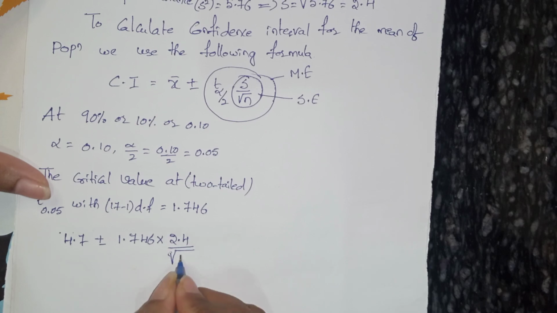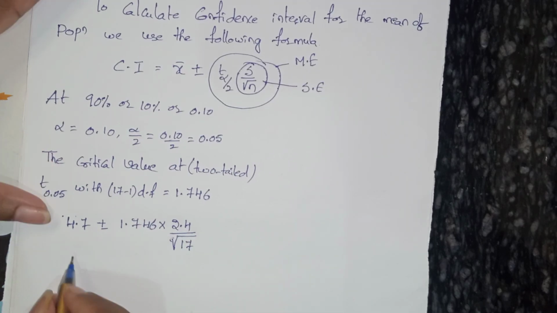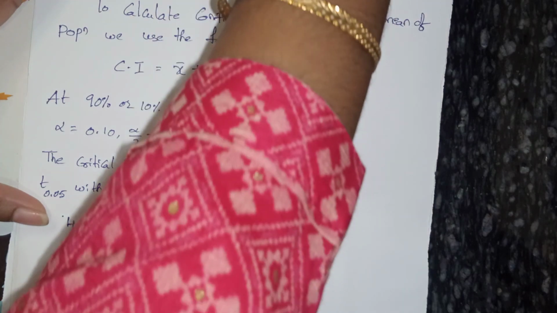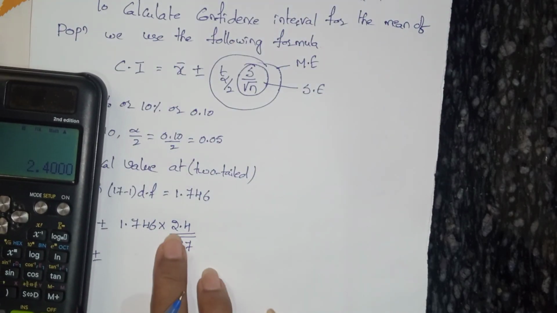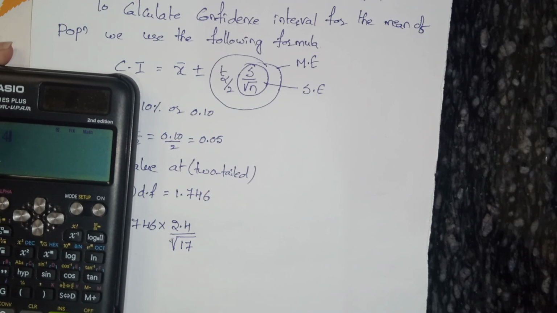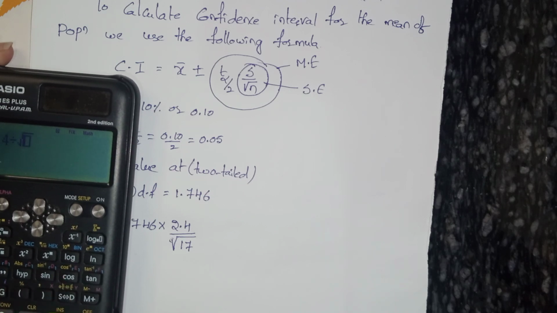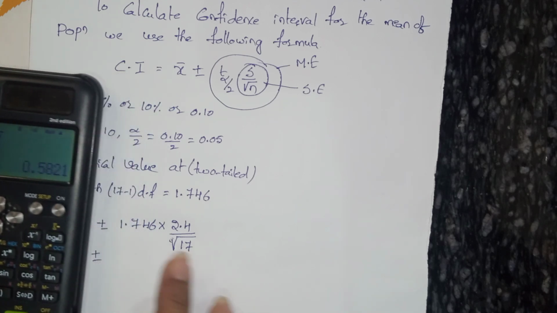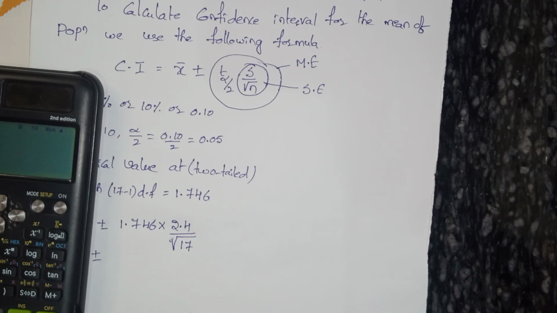Okay. So now we will calculate this one. 4.7 plus or minus, first we will divide these two terms. 2.4 divided by square root of 17 is 0.5821, into 1.746.